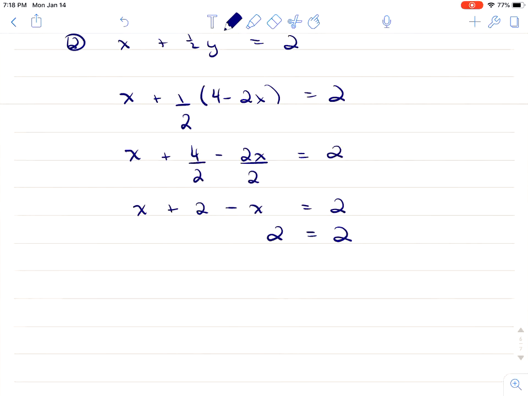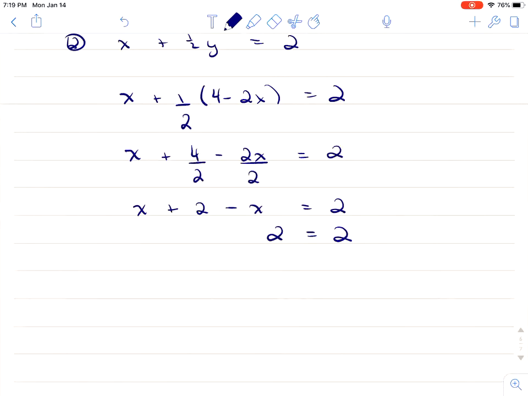So this is a special case where we get to the end and we have this true statement that tells us nothing about x or y, and that's telling us that we have an infinite number of solutions.